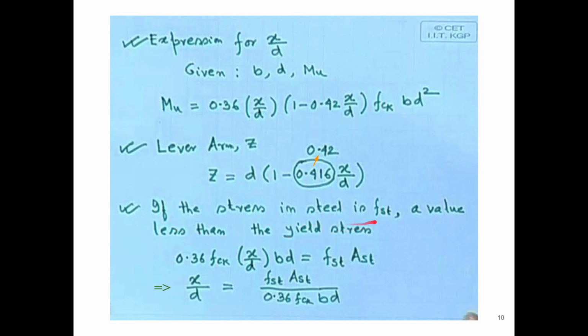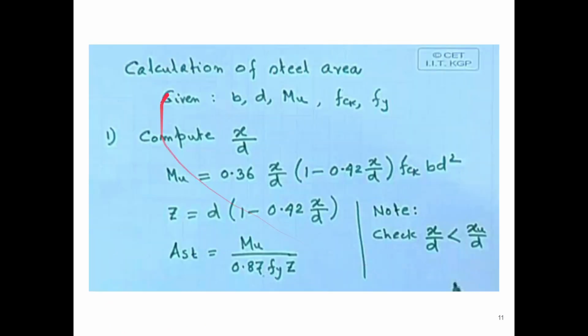If the stress in steel is fst, it will be a value less than the yield stress, because we divide by the partial safety factor, which is 1.15 for steel. Equating the forces, 0.36 fck into x by d into bd equal to fst ast, which implies x by d equal to fst ast by 0.36 fck bd.